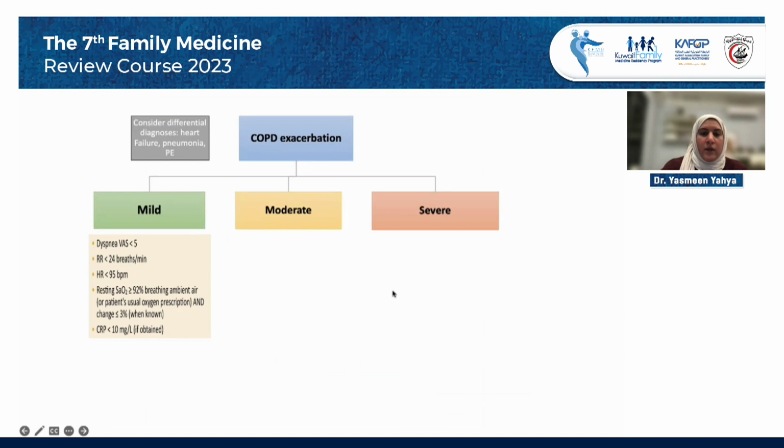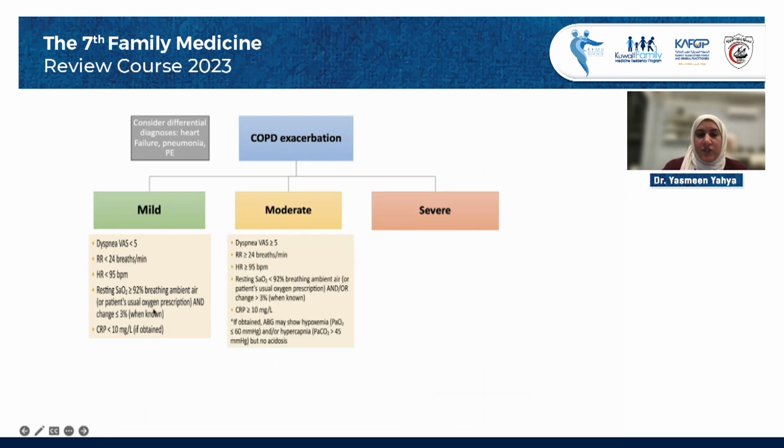So if the patient is not very dyspneic, his respiratory rate is below 24 breaths per minute, his heart rate is less than 95, and resting SpO2 is above 92, then this is a mild exacerbation.